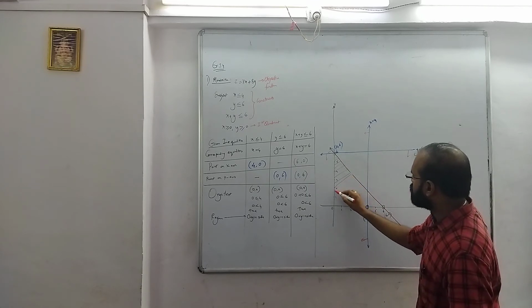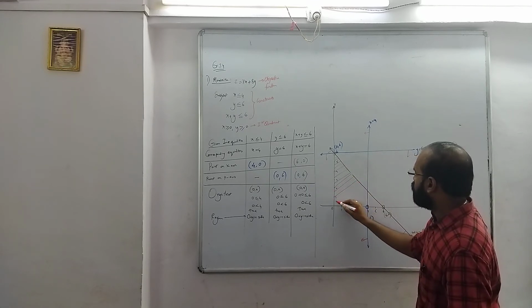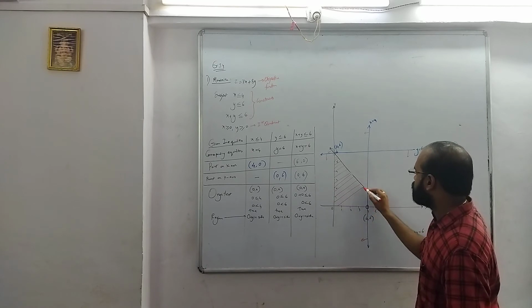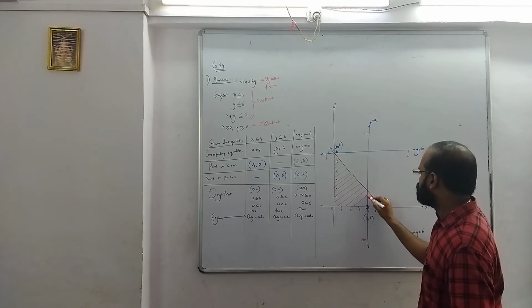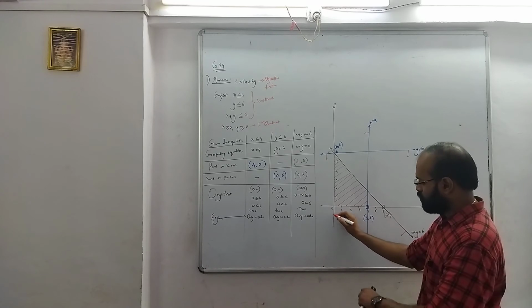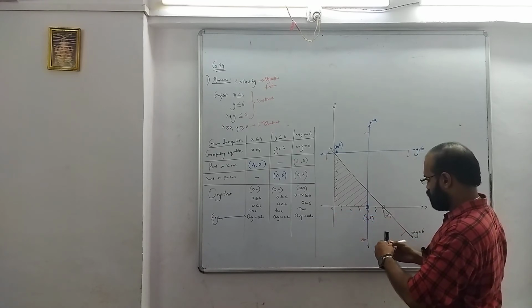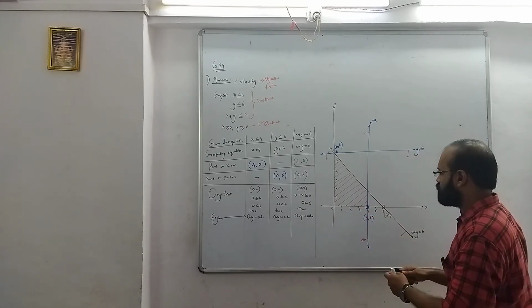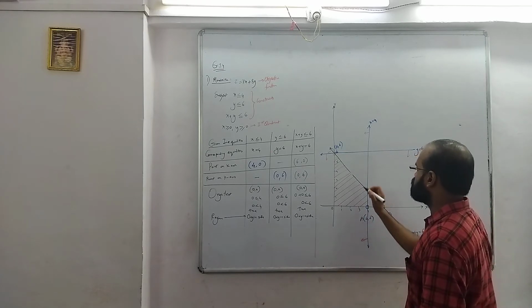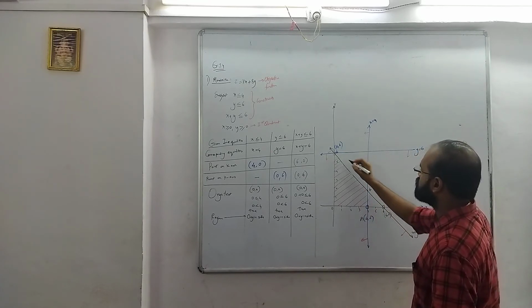This is the feasible region, and now I will find the corner points and substitute. This is O, this is A, this is B, and this is C.